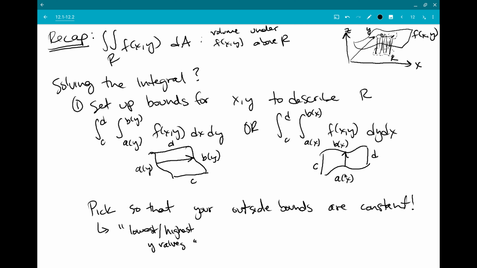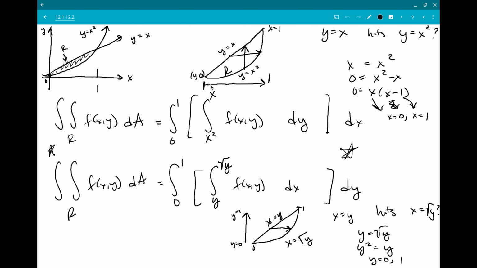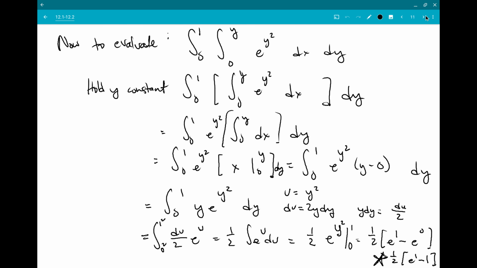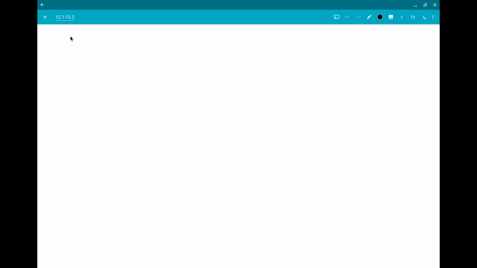And then if you integrate with respect to y first, it's the furthest left and furthest right x values if they're not constant. So that's these examples where it looked like a curve to us, but that's because we just have to pick the furthest left and furthest right. I know I say that so many times and it probably sounds redundant, but it's so easy to forget that rule. After you set up the bounds, then solving the integral is pretty straightforward.